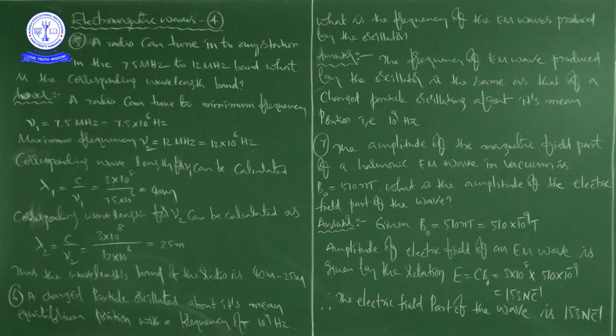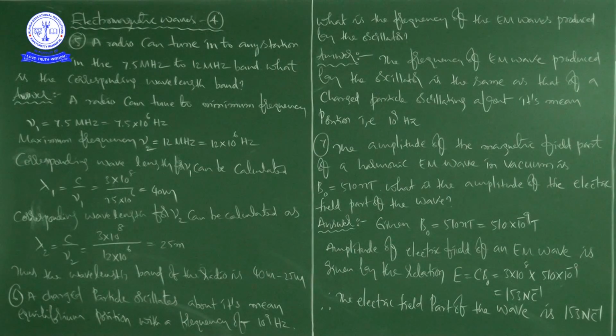Given B naught as 510 into 10 to the power of minus 9 Tesla. We know this relation, we substituted the values of C and B naught, and we get E value as 153 Newton per Coulomb. So we write the electric field part of the wave is 153 Newton per Coulomb.